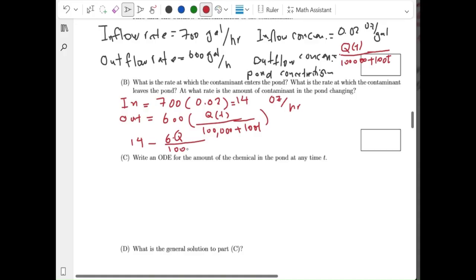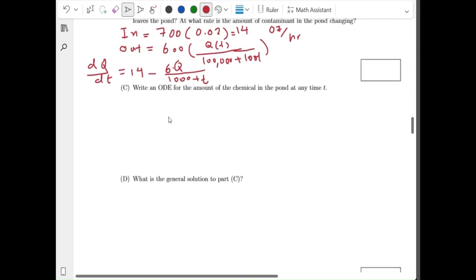And I get 1,000 plus t. And this is the change in the amount of the contaminant in the water. The next part is asking write an ODE for the amount of chemicals in the pond at any time. And that's the ODE basically.